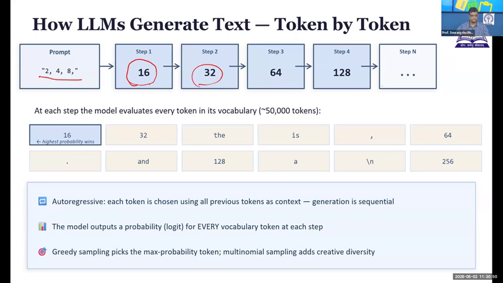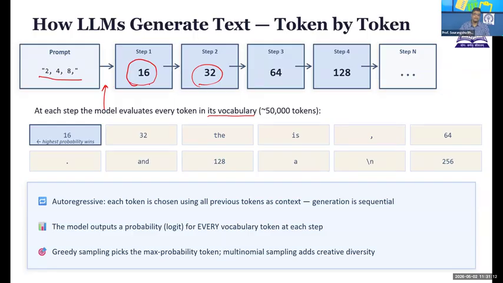The way it works is, at each step you go over the entire vocabulary, and each token has a certain output probability.